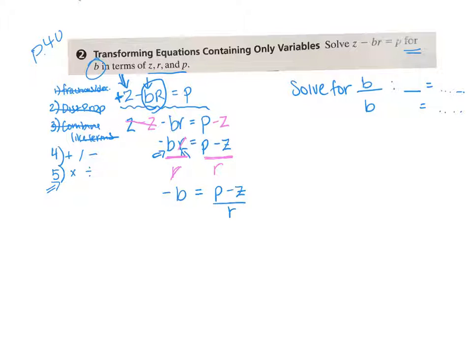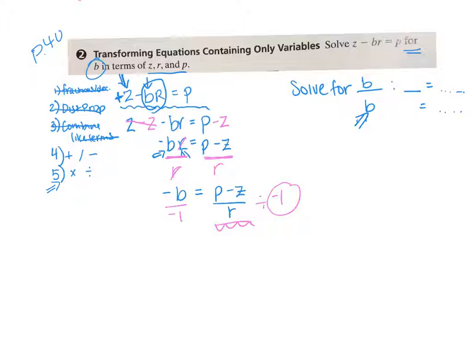Fantastic, except I have a negative B, and I want it to be solved for positive B. So how do I get this negative 1 away? I've got to divide by negative 1. Ooh, this is no fun. Well, hopefully you recognize that if I'm dividing a fraction by negative 1, I've got to switch what's going on over here.